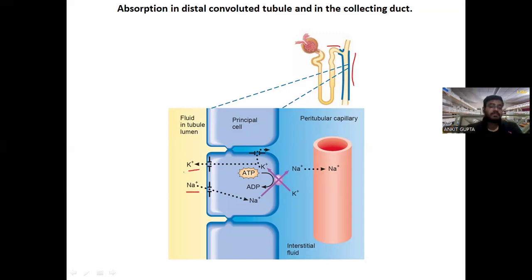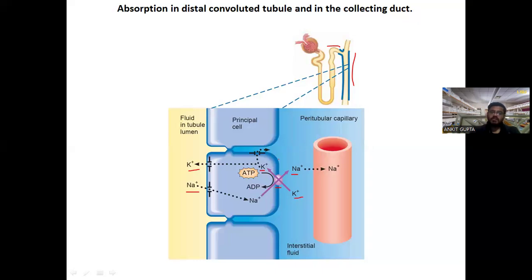And how this happens is, as we have seen in multiple slides before, the sodium potassium pump is present exclusively on the basolateral surface, continuously pumping sodium out of the cell and potassium inside the cell.